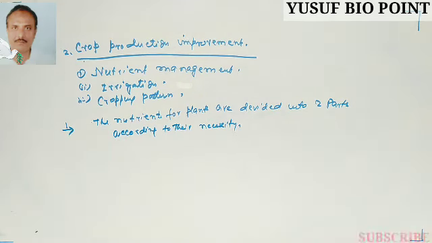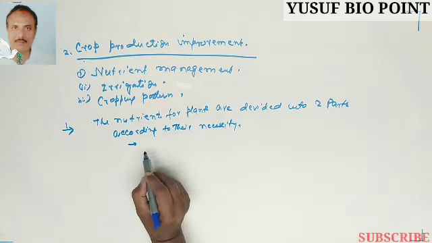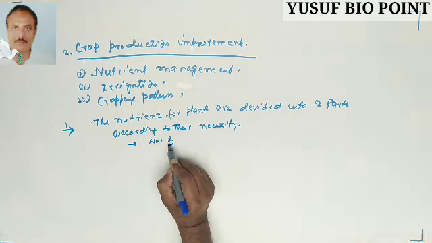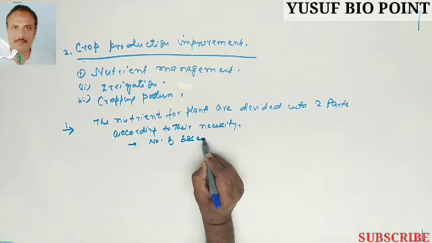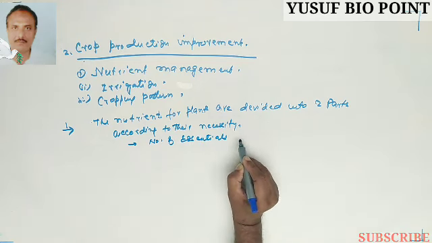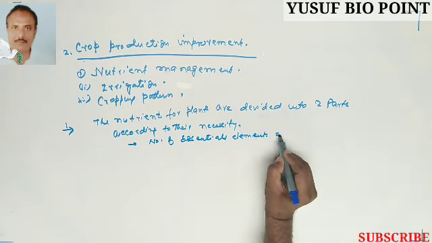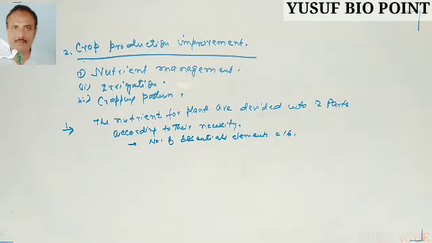The number of essential elements is about 16. In some books you also get 17.